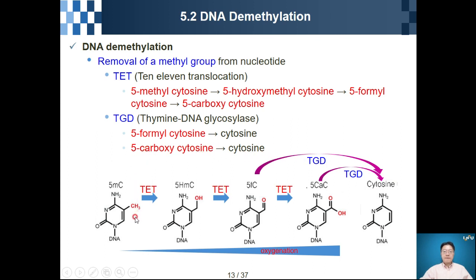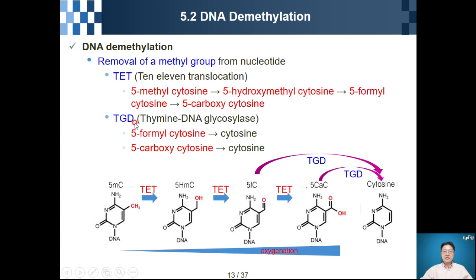5-methyl cytosine is oxidized and makes 5-hydroxymethyl cytosine, and it will also be oxidized. After that, it will make 5-formyl cytosine, and after that, it will also be oxidized and make 5-carboxyl cytosine.